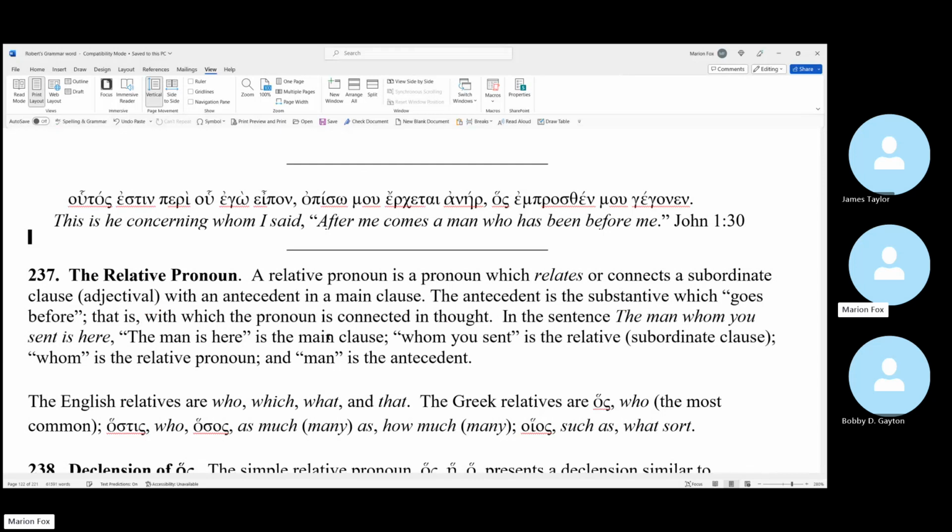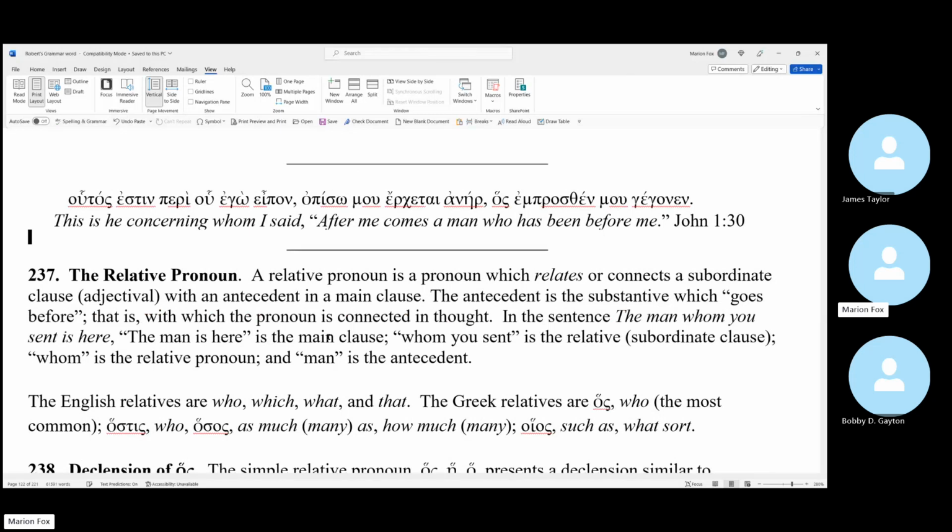It could be some other part of speech, but most of the time it would be a noun, or at least a substantive. It goes before, that is, which the pronoun is connected in thought. So you have to see what it's connected to in thought.